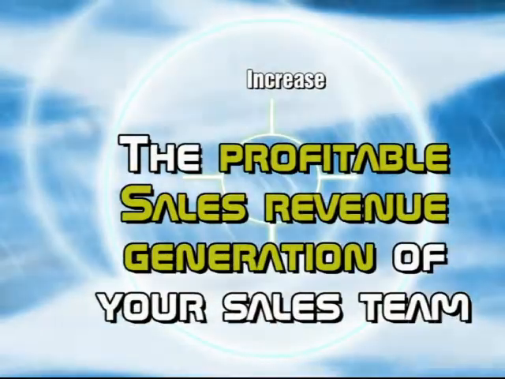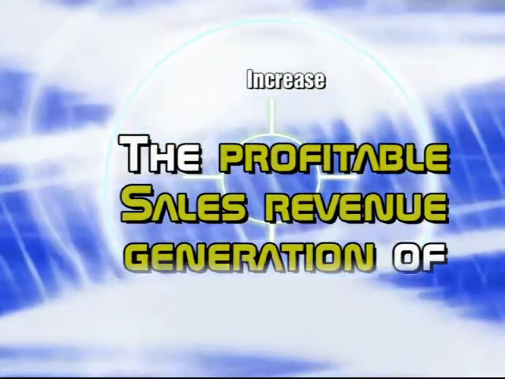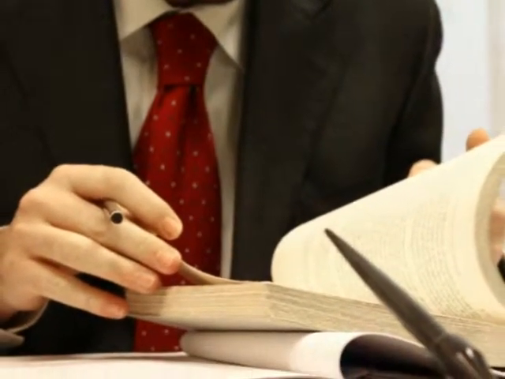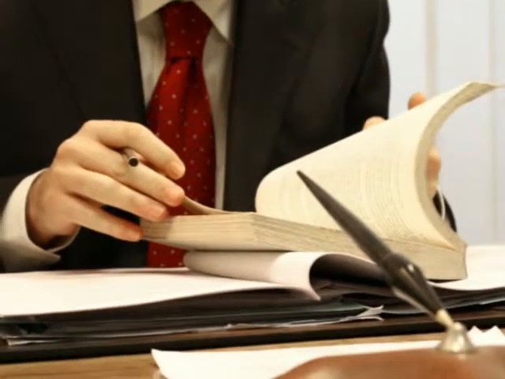Now, you may well be a critical component of that team, but as the sales leader, the most productive thing that you must be doing with your time is to increase the profitable revenue generation of your sales team. So let's discuss you and the number of truly productive hours that you work a day. Do you work 1 hour of productive time a day? 2 hours?